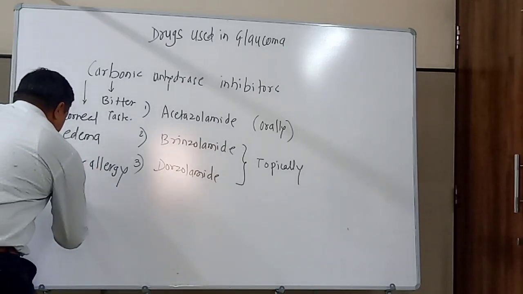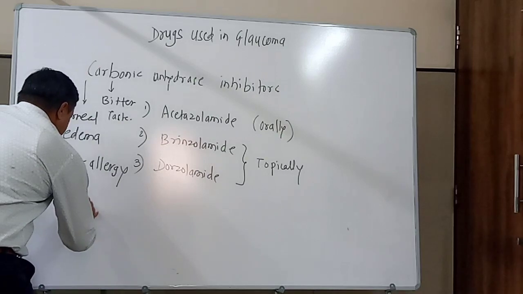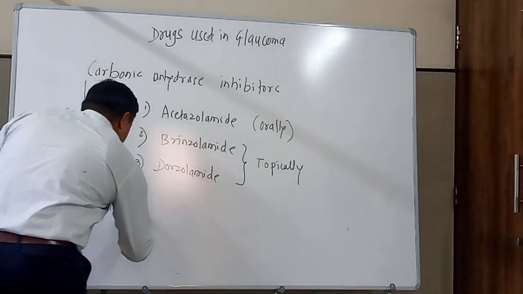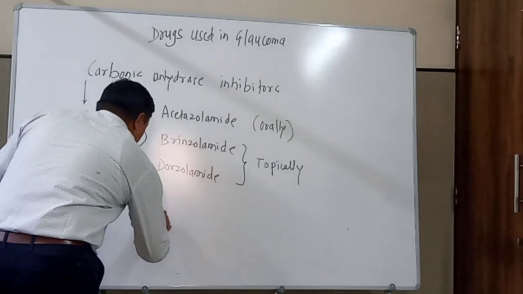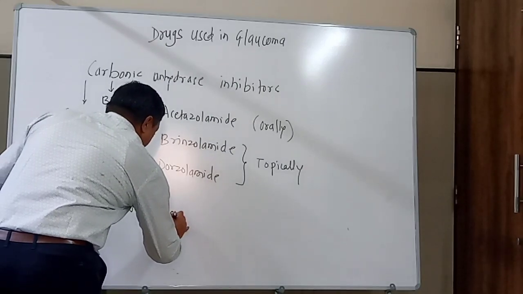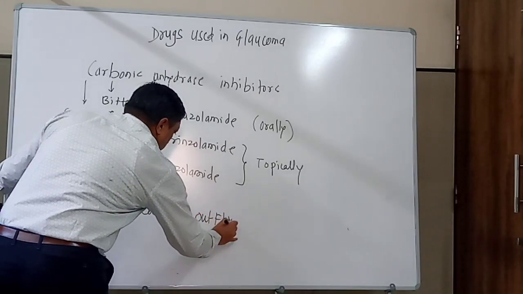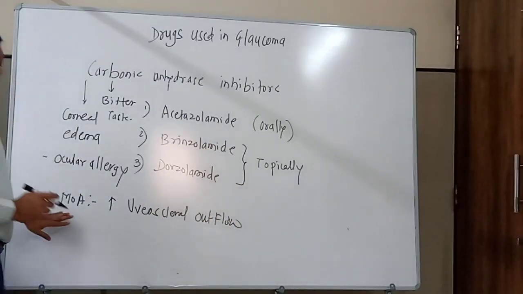And this drug acts by increasing uveoscleral outflow. This is the mechanism of action of the prostaglandin analogs: they increase uveoscleral outflow.